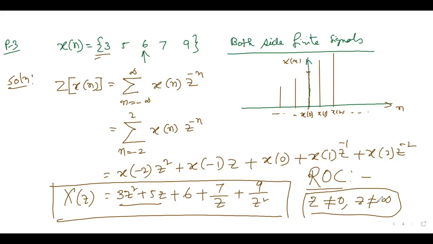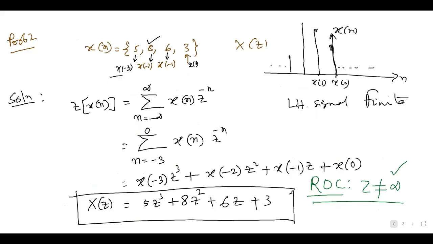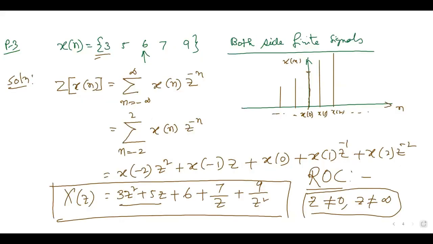Okay, now we discussed right hand finite signals, then left hand side finite signals, then both side finite signals. Now we discuss right hand side infinite signals. Say for example, u[n], which we already calculated in our last class.